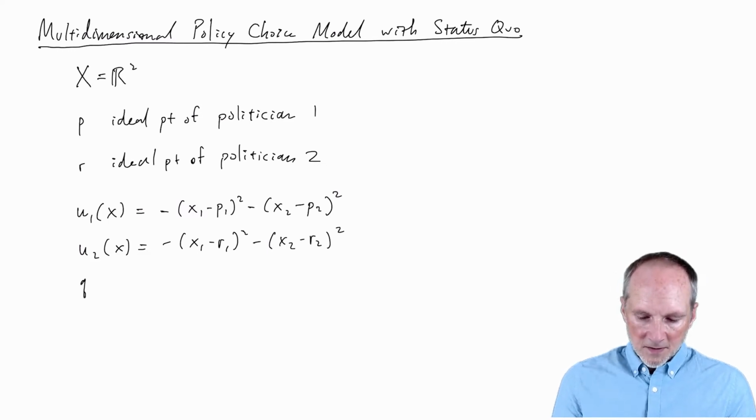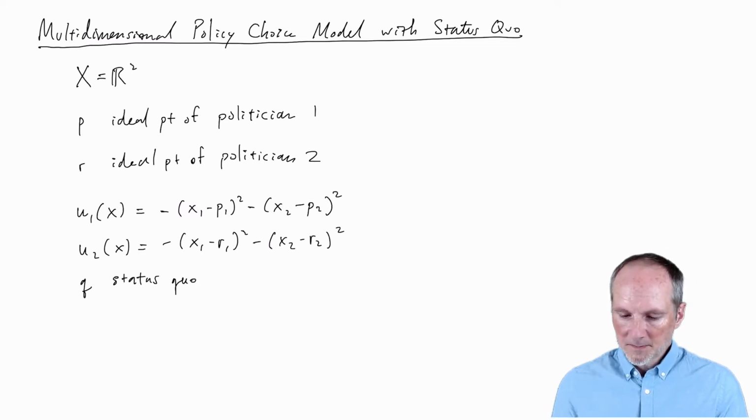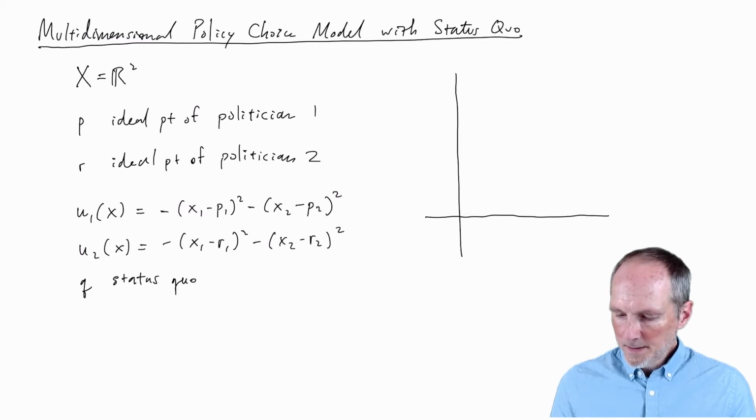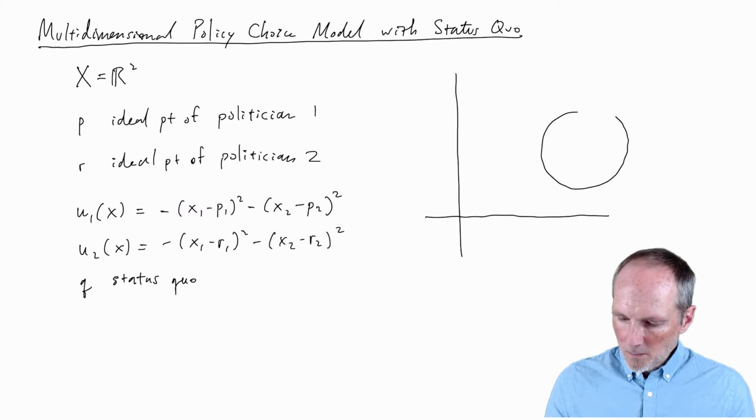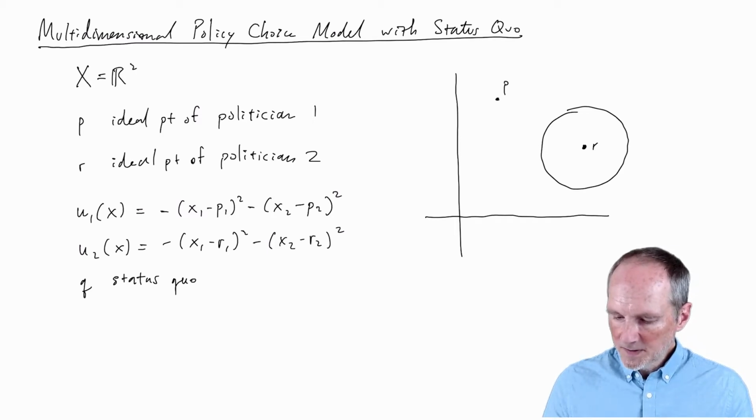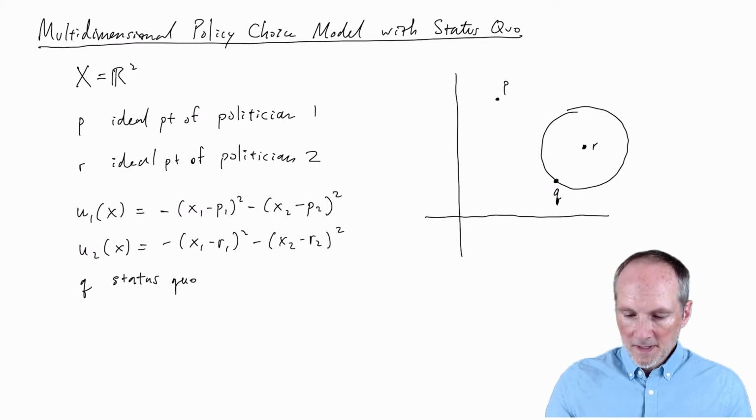And then we'll have a status quo policy. If I were going to draw a picture of this, I'll draw an indifference curve for the second guy. The first guy has an ideal point somewhere, and the status quo is somewhere in the space.